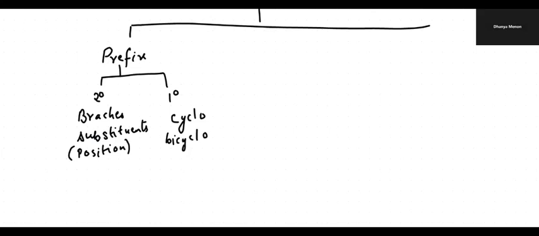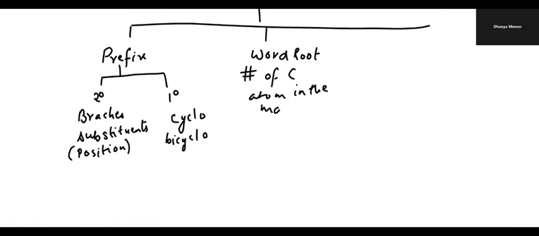After that, we write the word root. Word root means number of carbon atoms in the main chain. Okay. Then the word root is written, and next we write down the suffix.